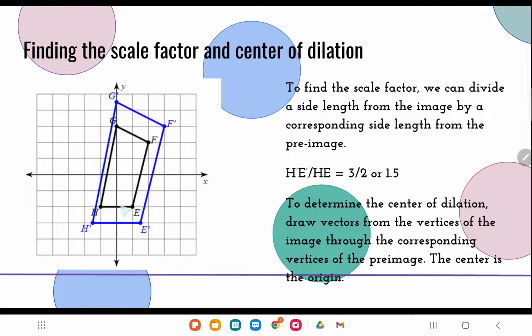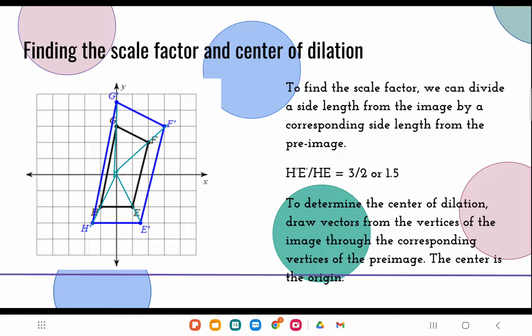H prime E prime divided by HE is 3/2 or 1.5. As you can see, I'm drawing vectors from the vertices of the image through the corresponding vertices of the pre-image, and the center is the origin. All of these vectors are intersecting at the origin. So my center of dilation is the origin.